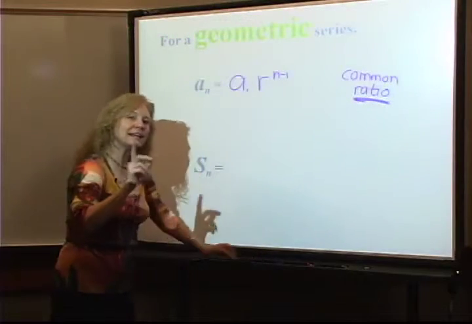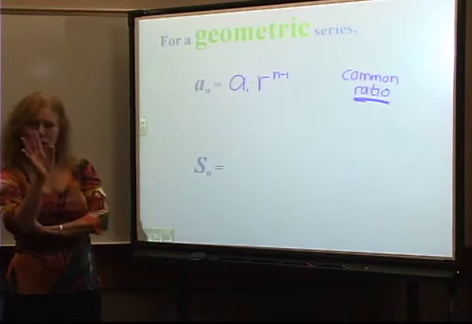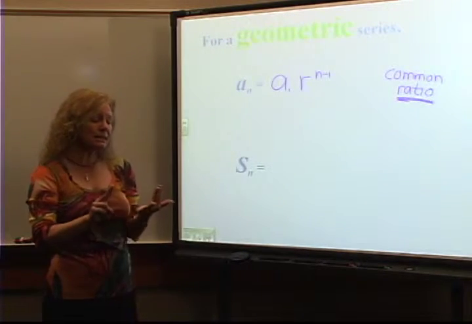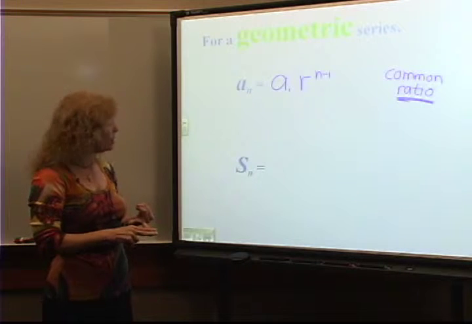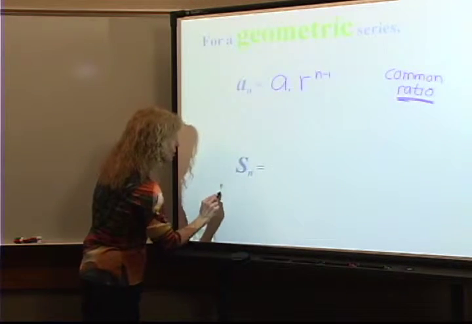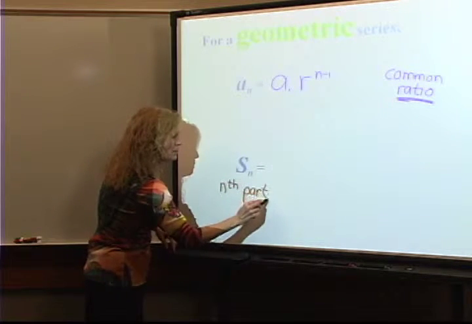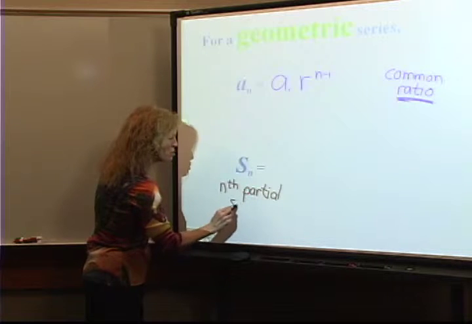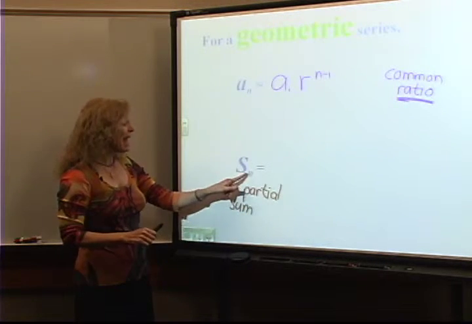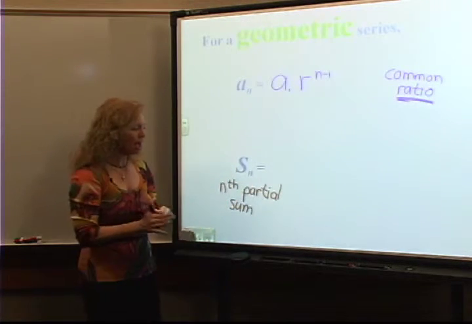Okay. Now to get this S sub n formula, now what that means, I hope you remember, because we talked about that with our basic sequences and we've talked about it with our arithmetic sequences. This is called the nth partial sum. Meaning we're going to add up the first n of these. All right?